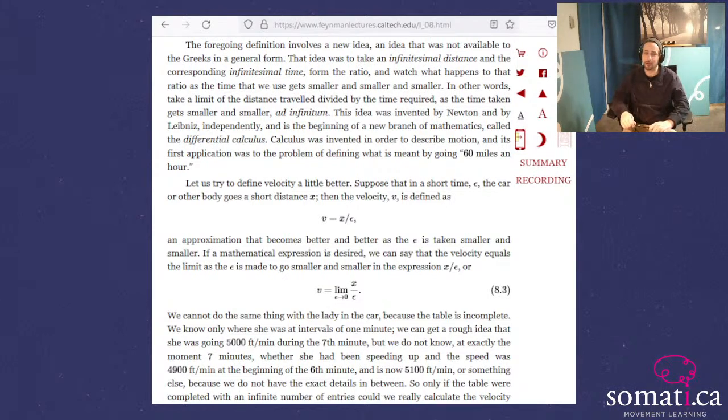So its velocity over that interval is x over epsilon. As epsilon is smaller and smaller, this approximation approaches its instantaneous velocity. Right.